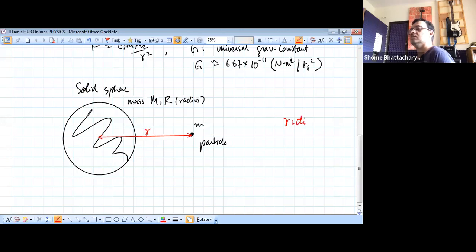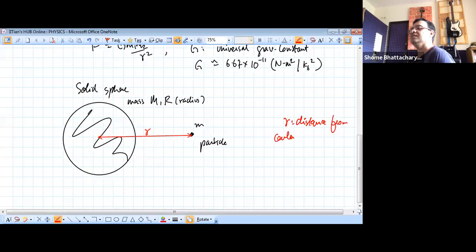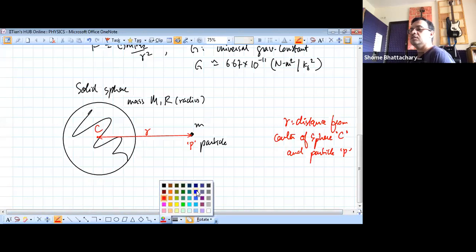So r is the distance from the center of the sphere, C, let's say. So this point over here is where the center of the sphere is, C, and the particle is the point mass P. Then the gravitational attractive force that they experience because of each other's gravitational pull has the same formula.